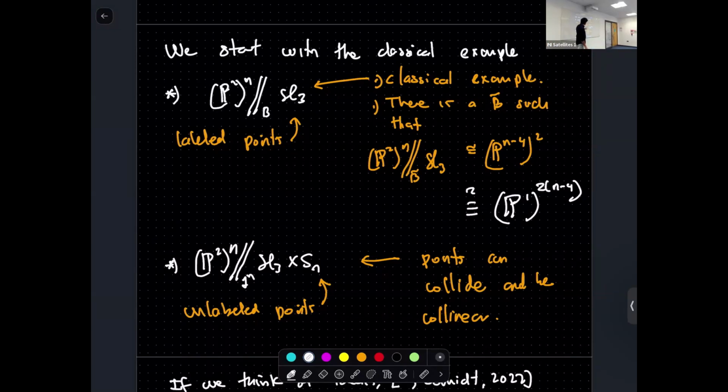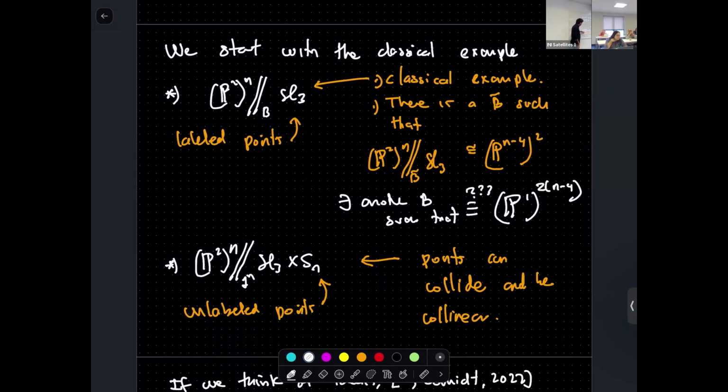It is not clear to me whether there exists another beta, a different beta, that gives this isomorphism. I'm happy to talk about it, I can show you after that. Okay.